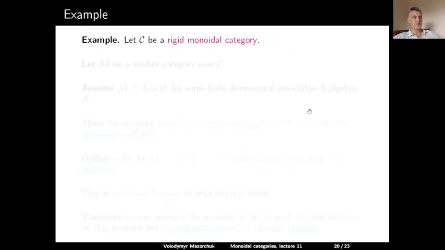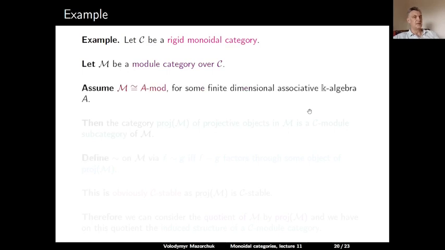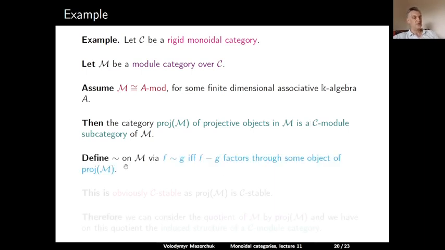So here's an example. Let C be a rigid monoidal category and M be a module category over C. Let us assume that M is equivalent to the category of finite dimensional modules for some finite dimensional associative K algebra A. Then we have already seen that the category of projective objects in M is a C module subcategory. Let us now define the equivalence relation on M as follows.